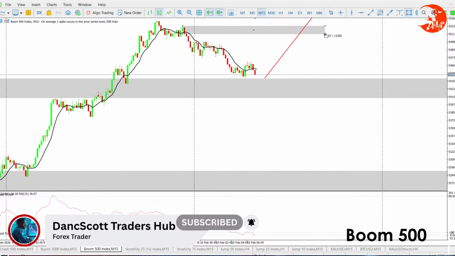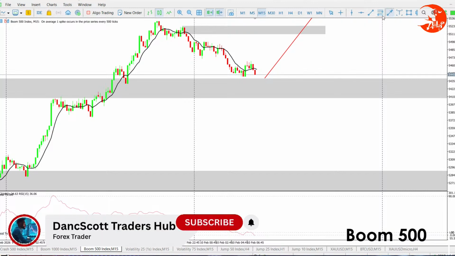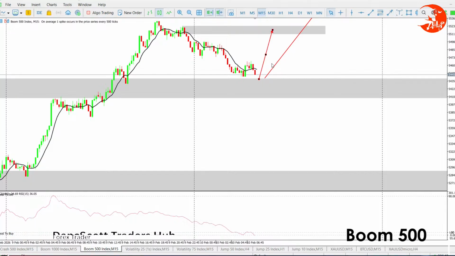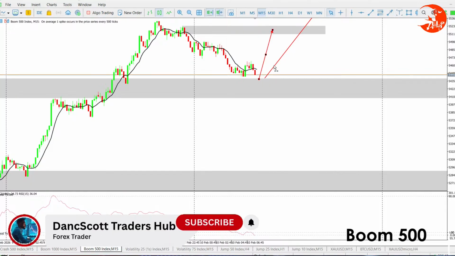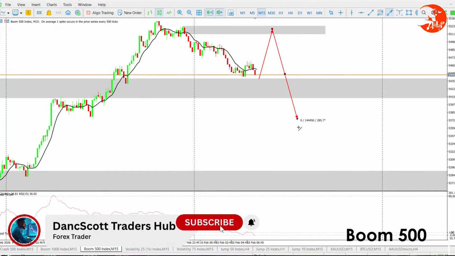If I'm entering buys, my TP is not exceeding there. I'm moving out there, because according to H4, we've already seen that we are overbought. So we are likely to do that and then drop for the sales.